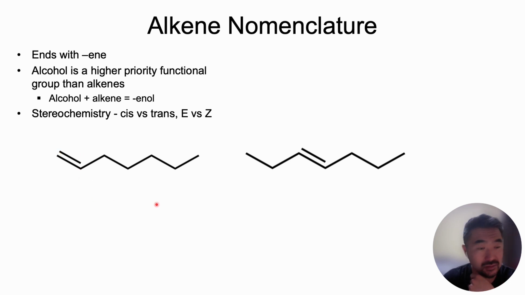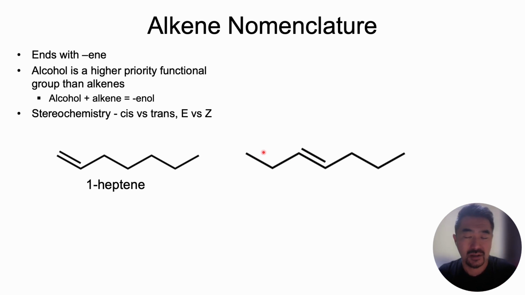So for that reason, this would be 1-heptene. Now, this one on the right, it's still closer to start numbering from the left instead of the right: 1, 2, 3, 4, 5, 1, 2, 3, 4, 1, 2, 3. So it's better to number from the left. So this would be 3-heptene.